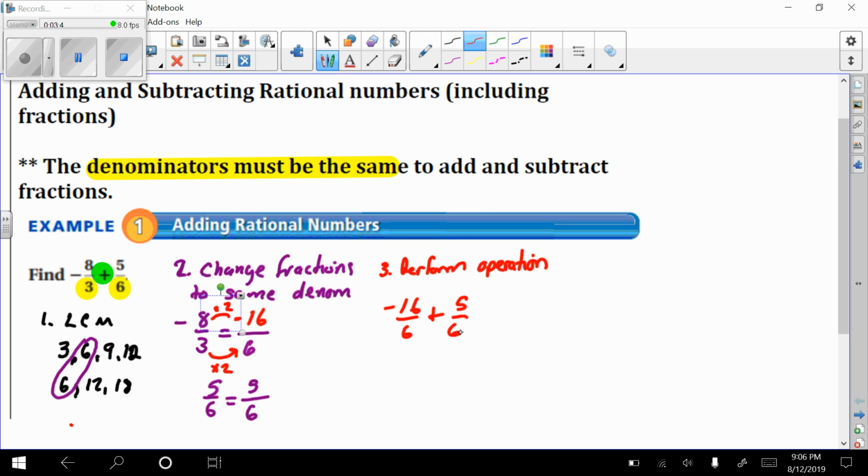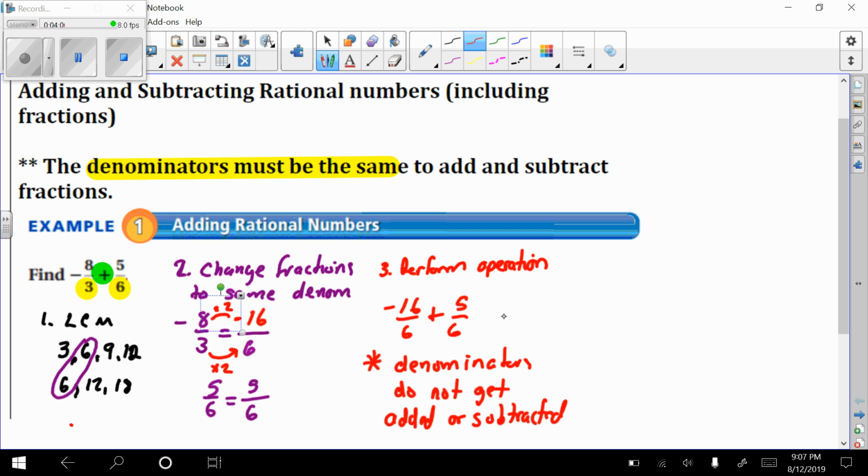Now here is where we're going to do a little extra, a note. The denominators do not get added or subtracted.